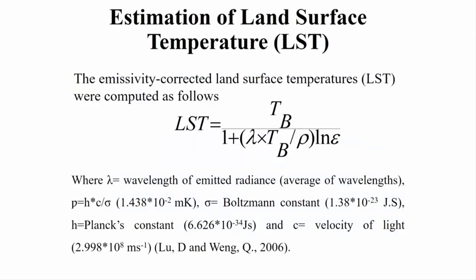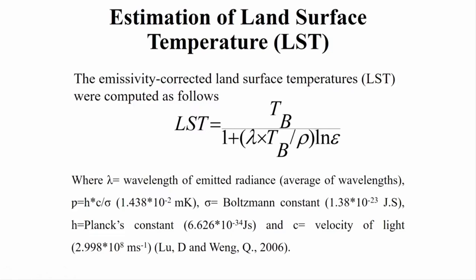Now when we have the radiant temperature information, represented by the brightness temperature TB, one can easily find the land surface temperature, or the temperature of the targeted object.